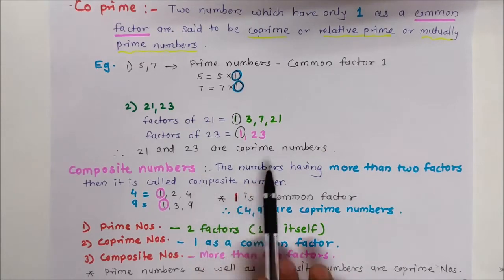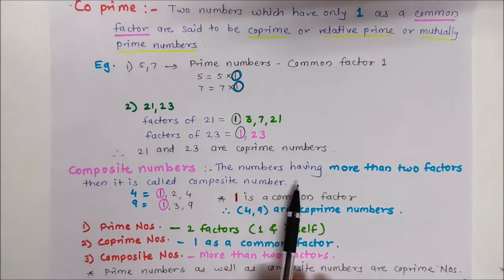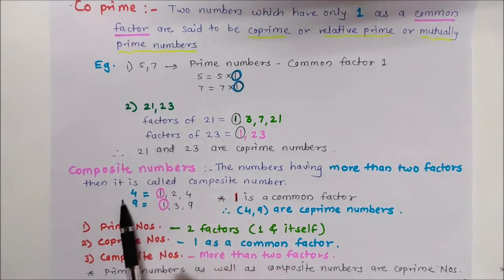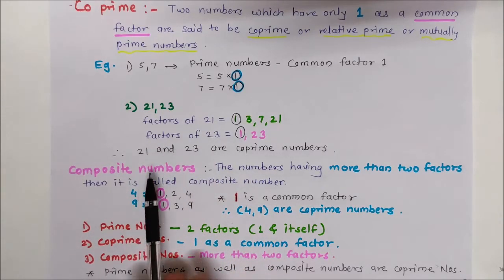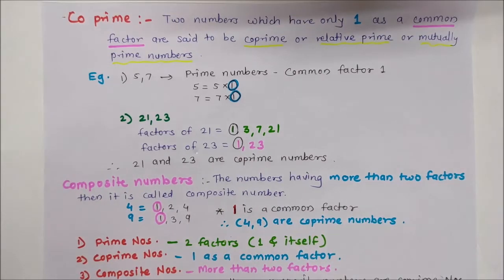So prime numbers as well as composite numbers can be co-prime numbers. In short, prime numbers have two factors, 1 and itself. Co-prime numbers have 1 as the common factor, and composite numbers have more than two factors.